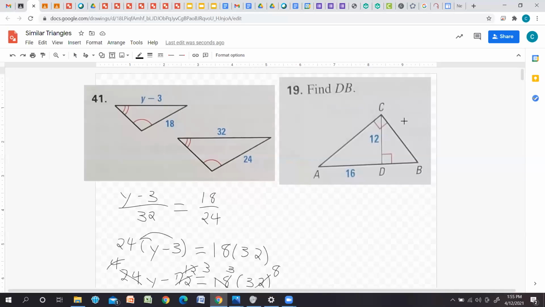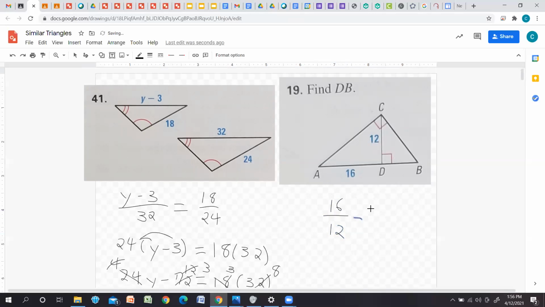Okay, and then in this one, we have to use the right triangles, right? So again, we're finding the other part of the hypotenuse, so we're going to apply these two smaller triangles, not the big triangle. First I'm going to take the long side of each triangle. So on the left triangle, ADC, the long leg is 16. And on triangle CDB, 12 is the longer leg.